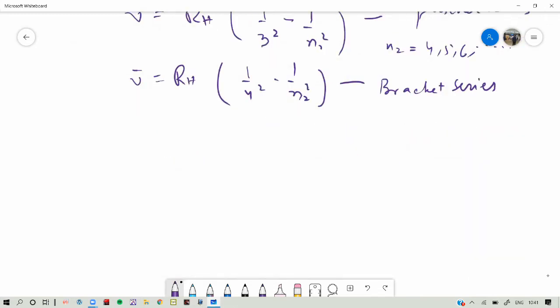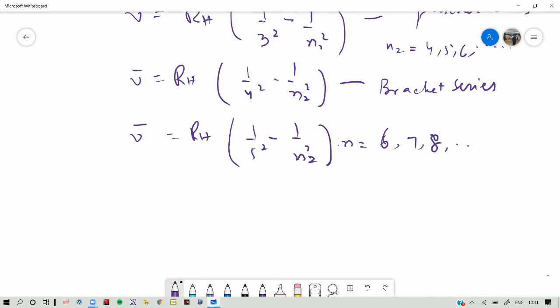And with RH (1 by 5 square minus 1 by n2 square), where n2 is 6, 7, 8, this is the Pfund series. Some books write it as n simply, but don't worry, it is just a representation. And for n1 equal to 2, it was the Balmer series.